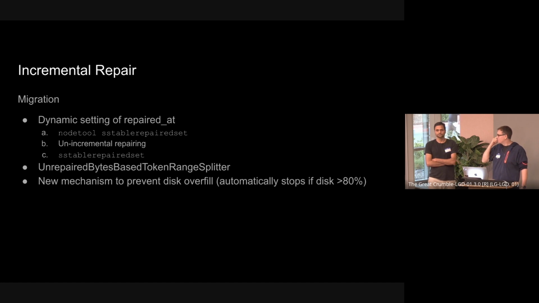Not yet in the pull request, but an amazing feature, hopefully to be fleshed out, is the unrepaired-bytes-based token range splitter, which is a mouthful. When the repair scheduler decides to repair a table, it will do splits. It will take that table and split it into smaller chunks, so that the repair isn't done all at once, which helps with things like the Merkle tree, and if it fails after taking 3 days to run, then that means you wasted 3 days.